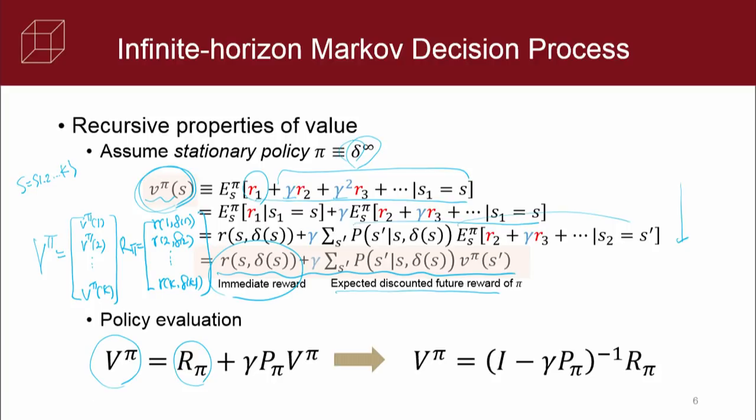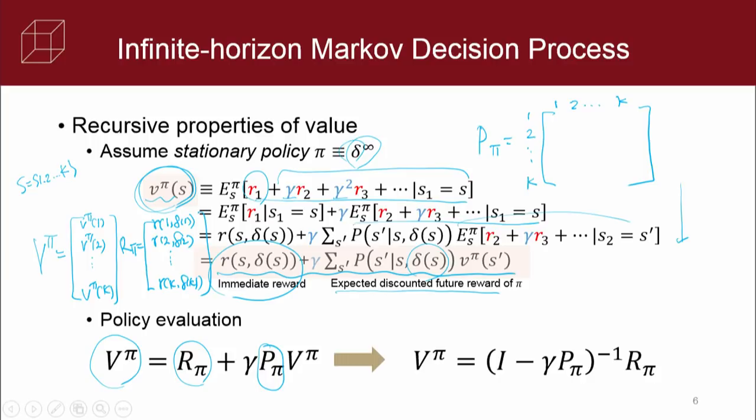And P pi is the one-step transition matrix, assuming that the action is based on the policy pi. So I will construct P pi with rows 1, 2 up to k and columns 1, 2 up to k, because we already know the policy.